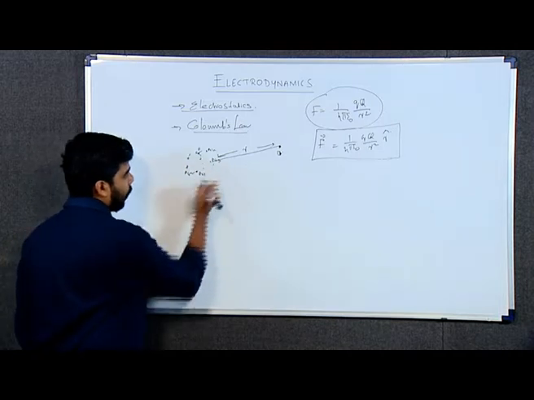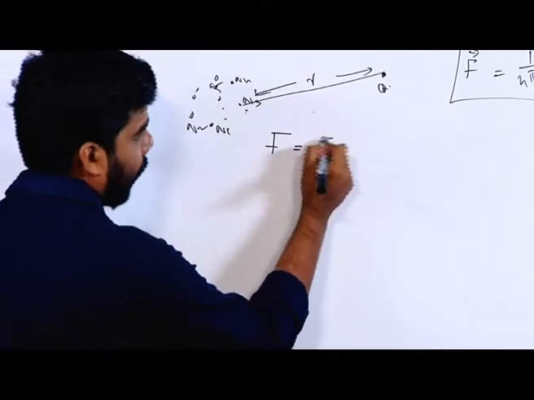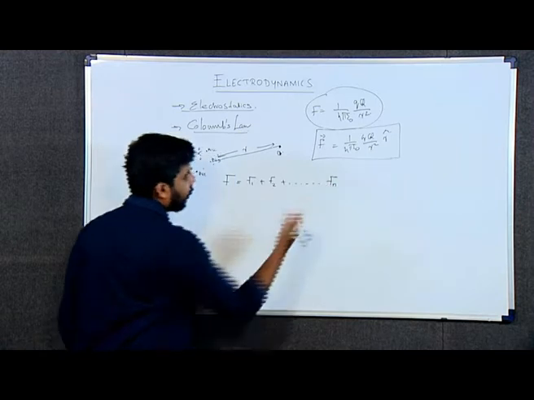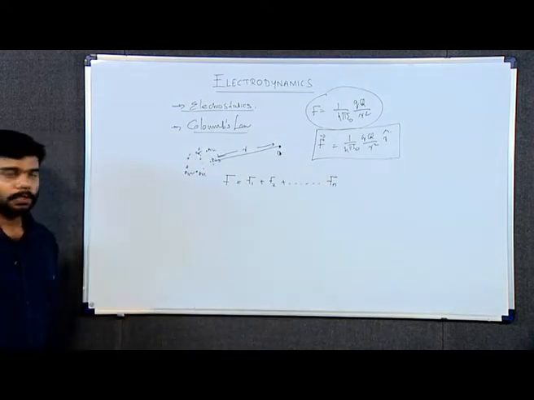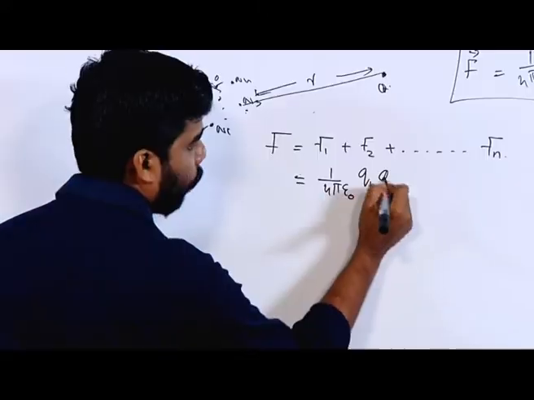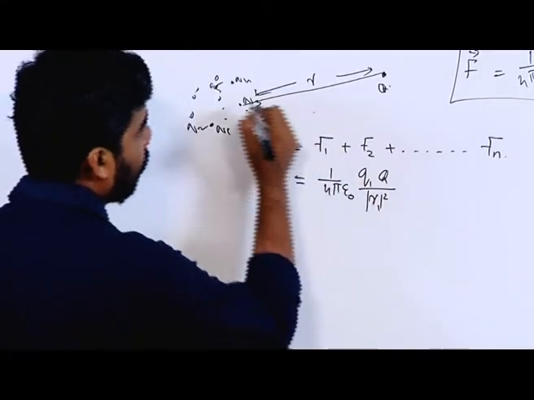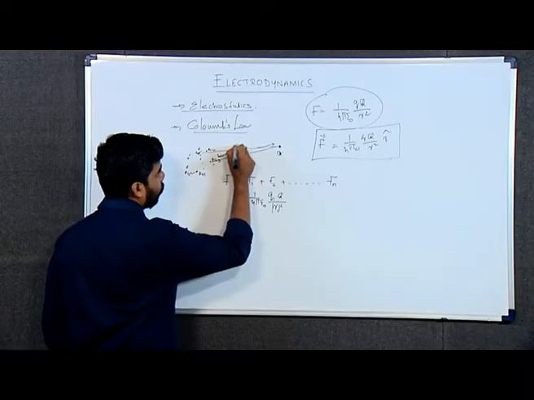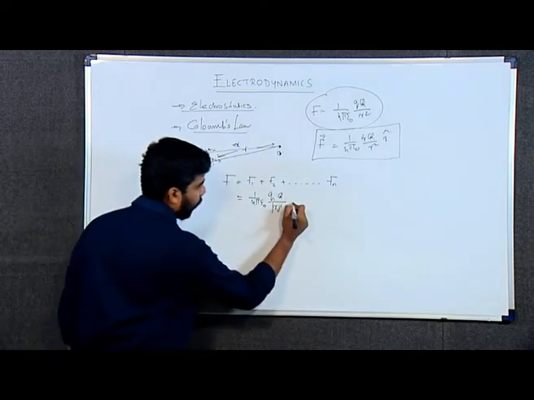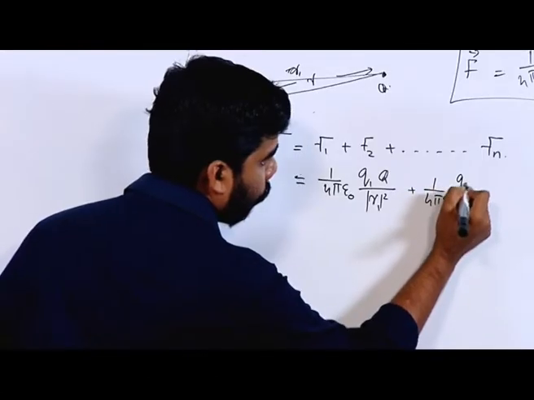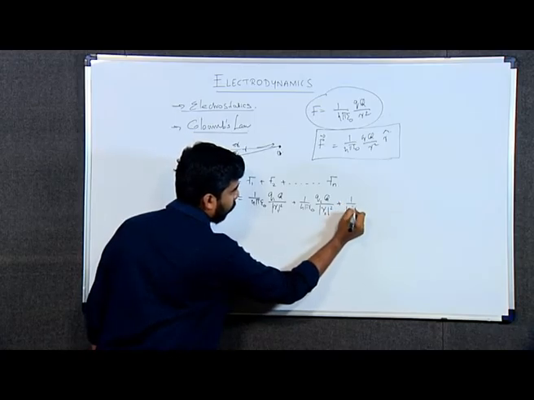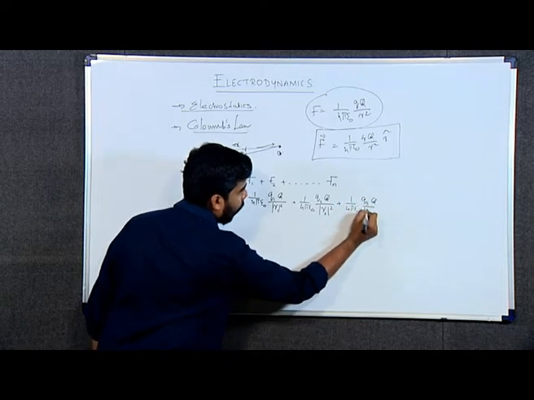So if there are n number of charges, the total force is equal to the force acting by the first charge plus the force acting by the second charge, and so on up to the force acting by the n-th charge on the test charge Q. So I can write this as 1 by 4 pi epsilon 0 Q1 Q by R1 square, where R1 is the distance from the first charge to the test charge Q, and similarly 1 by 4 pi epsilon 0 Q2 Q by modulus of R2 square plus 1 by 4 pi epsilon 0 Q3 Q by R3 square.